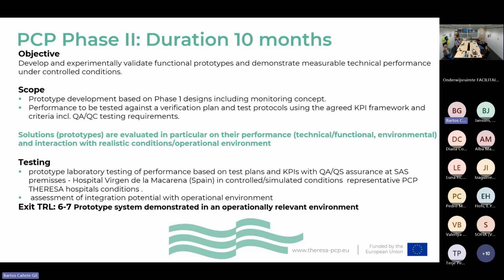We are expecting here the prototypes development based on the phase one designs, of course, including also the monitoring concept, and the performance to be tested against a verification plan, testing protocols based on the agreed KPIs framework, and criteria including quality assessment and quality control that refers especially to the testing requirements.